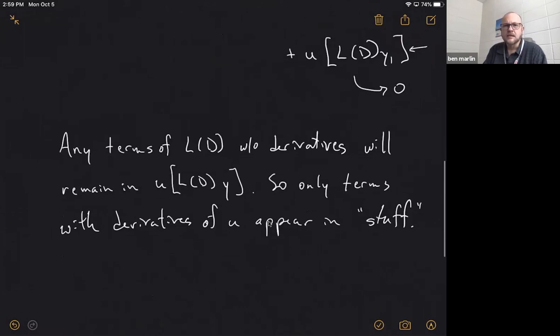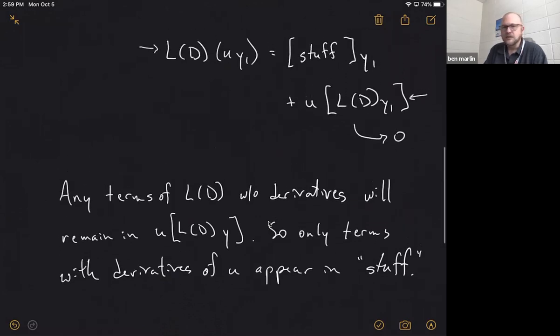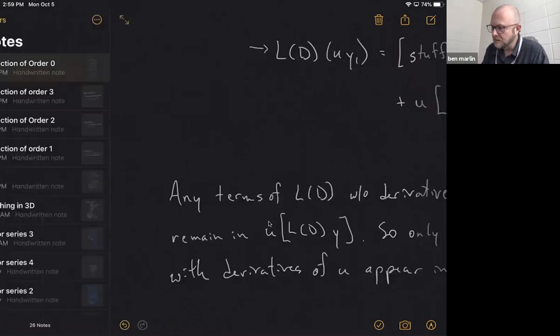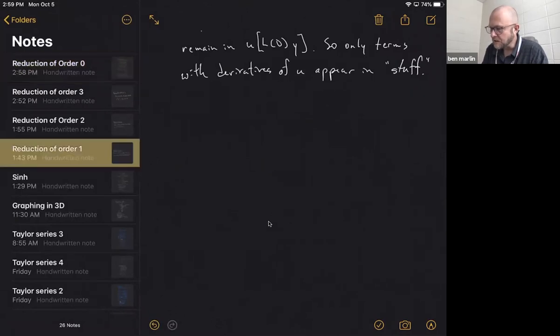So as I say here, any of the terms that don't have a derivative of u with them are going to end up going into that u times L of D y1, as opposed to into the stuff section. I hope you enjoy my silly use of naming convention there.